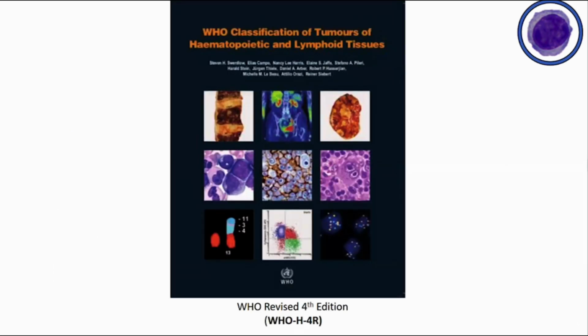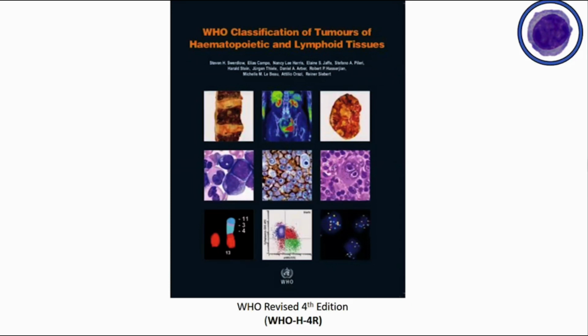So starting off, I'm sure anyone who's rotated through heme in the recent years knows that the diagnostic criteria that heme paths use comes from the WHO classification, and that the more recent version, the fourth revised edition, is what is typically used.